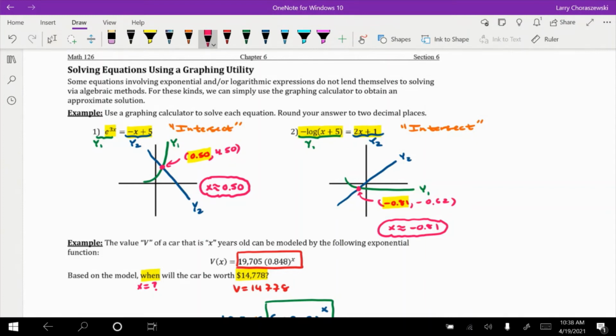So I just want to talk about why we might want to use a calculator for an equation like this. Notice that we have x inside a log, and we also have it over here on the right, but it's not inside the log on the right-hand side. We would be forced to do a log loop in order to get x plus 5 out of the argument. And what ends up happening is that in the power of 10, we're going to have the variable x.